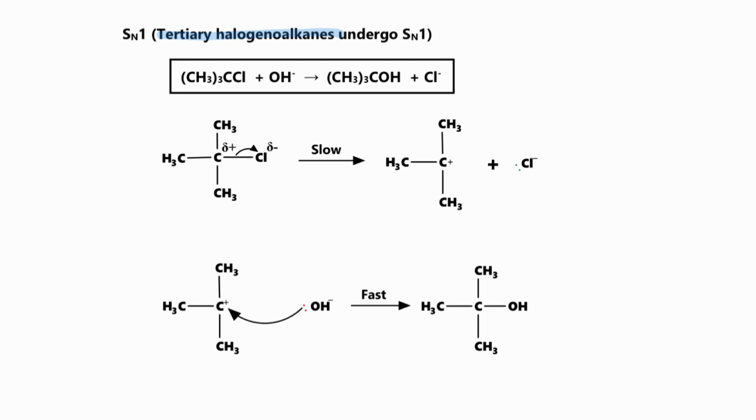In this case, we have a polar bond for the C-Cl bond, with delta positive and delta negative. The very first step in this reaction, the C-Cl bond will be broken. The electrons will move to the Cl, and Cl will leave as Cl minus, and we have a positive charge for the carbon. And this is the intermediate.